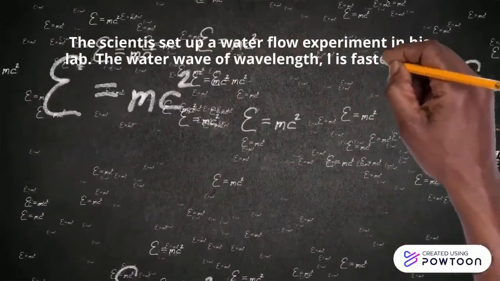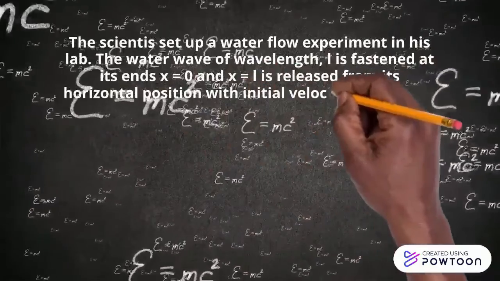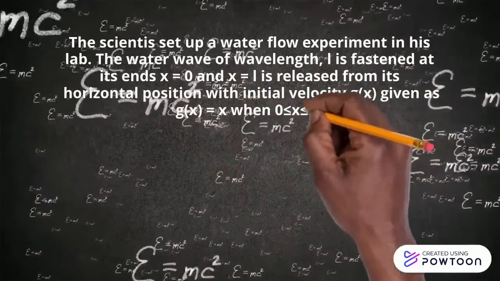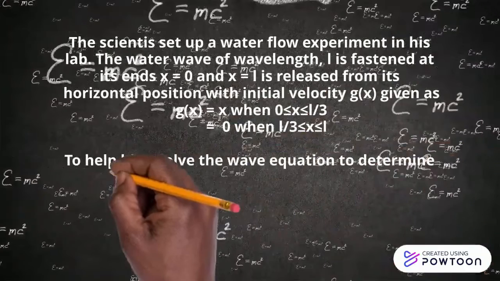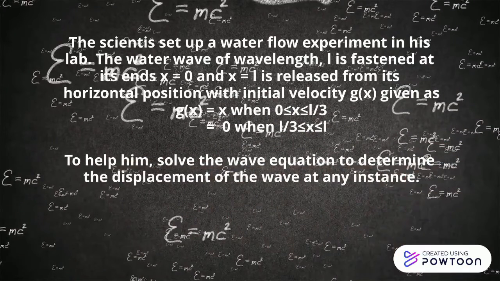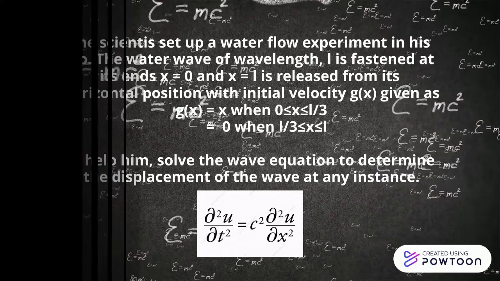The water wave of length L is fastened at its ends x equal to 0 and x equal to L, and is released from its horizontal position with initial velocity g(x), given as g(x) equal to x when x is between 0 and L over 3, and g(x) equal to 0 when x is between L over 3 and L. To help him solve the wave equation, determine the displacement of the wave at any instant.